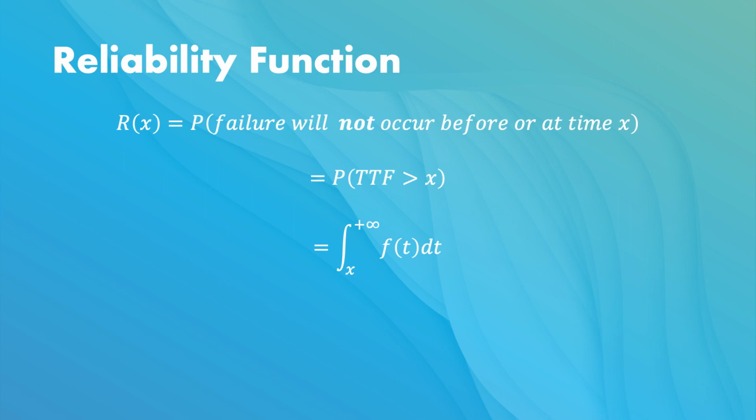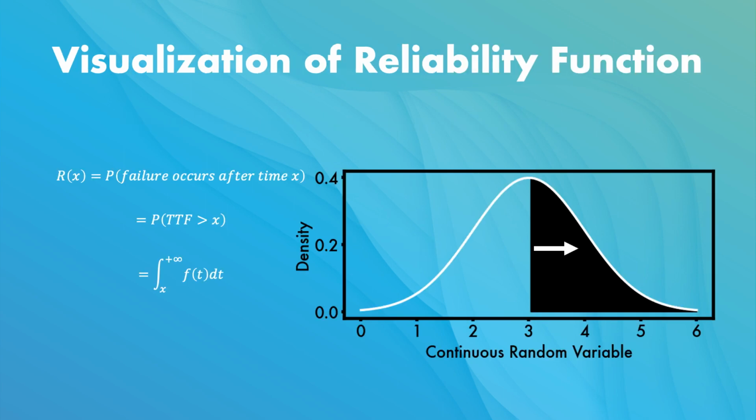Formally, the reliability function is represented here, and it is the probability, like we said, that the failure will not occur before or at time x. So it's the probability that the time to failure will be after x, and that is essentially to calculate the integral from x to infinity of the probability density function. So essentially we have to cover the area to the right of the value x to obtain the reliability function.